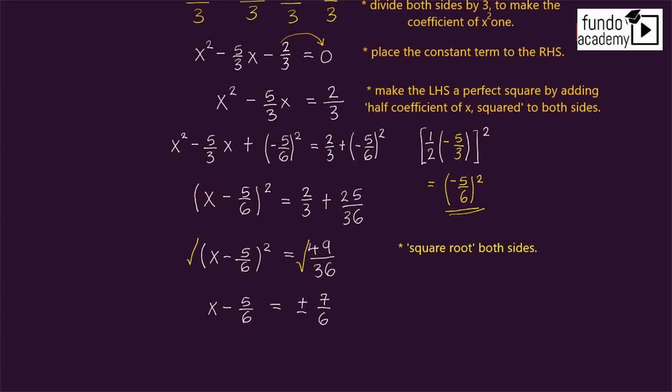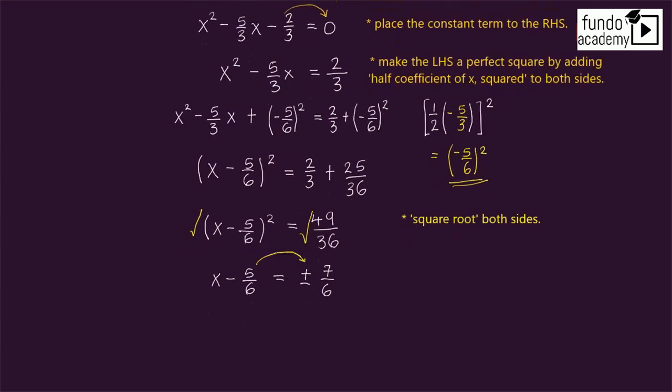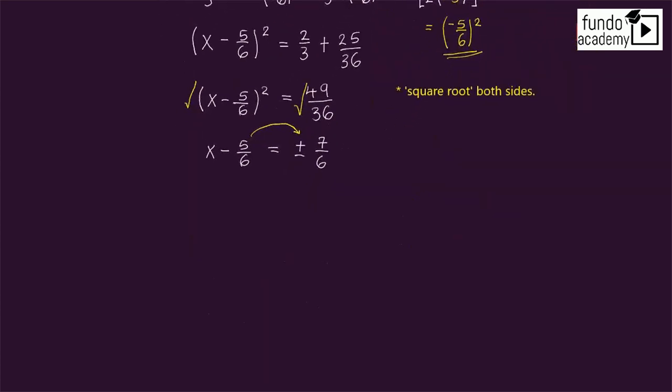And next I'm going to shift negative 5/6 to the right hand side. So that means we'll be having x being equal to 5/6 plus or minus 7/6. These are two solutions. This is 5/6 plus 7/6, or 5/6 minus 7/6.